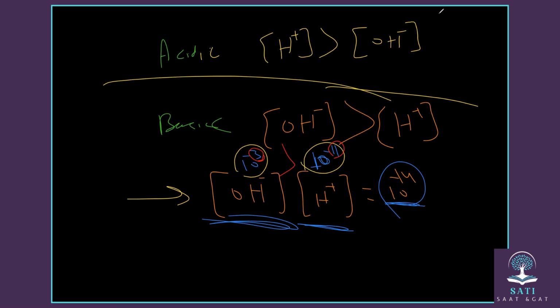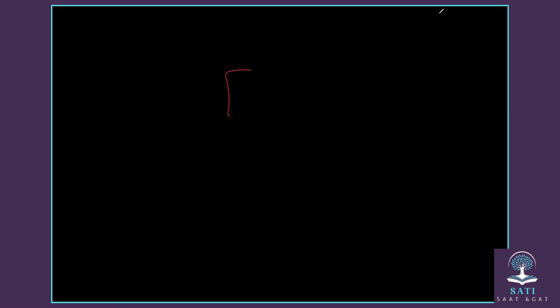Again, take an example. Say there is a solution and the concentration of H is 10 to the power of negative 9. The question will come: is this acidic or basic? If they give you H as 10 to the power of negative 9, what will be the concentration of OH?